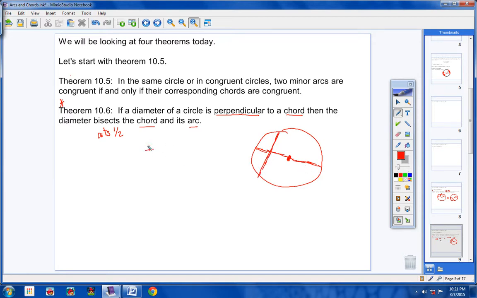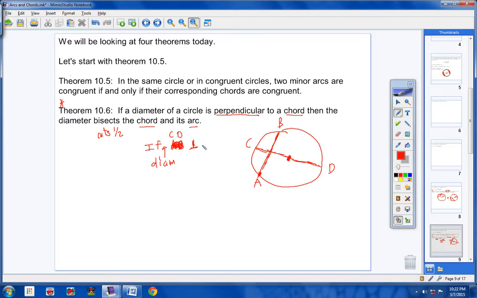Now off to the side I'm going to write if the diameter is perpendicular to a chord. So if, let's get some letters up here. A, B, C, D. So if AB is, first of all, a diameter. I should have squeezed the word diameter in here, so write that in there, please. If diameter AB is perpendicular, sorry students, this pen not working has my mind all messed up.